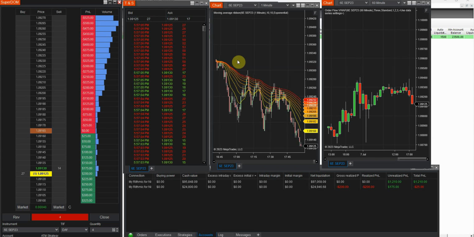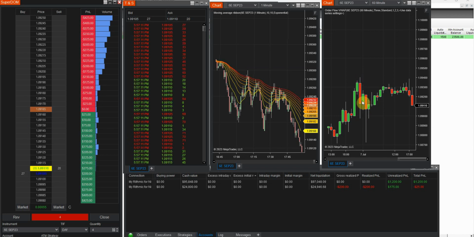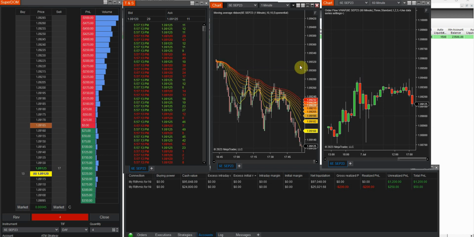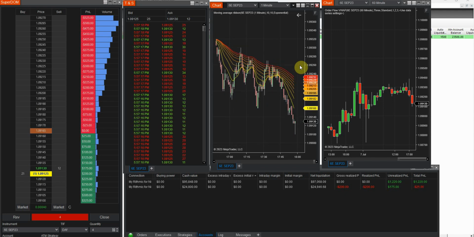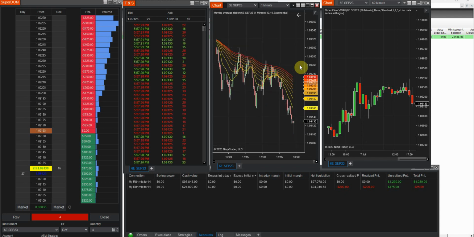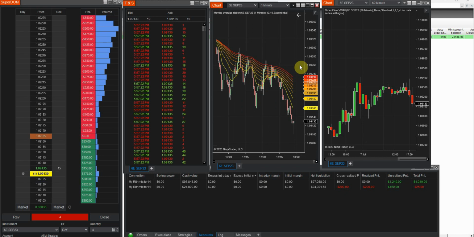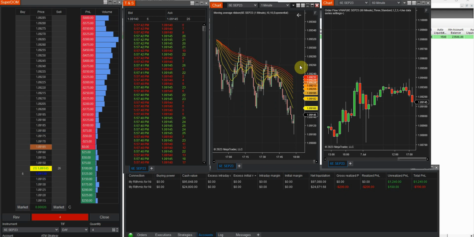I'd love to see this market really dip out here and just drop. We've got these candles back here that just had some serious drops. Gonna move down a little bit. Pretty heavy pin bar there. Looks like the buyers could be coming back. So watching time and sales, it looks like the buyers are taking control.